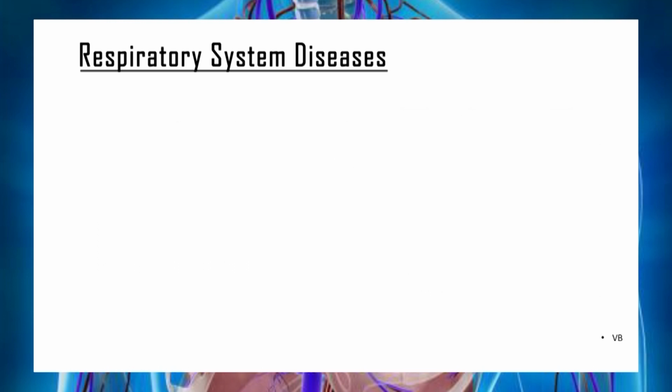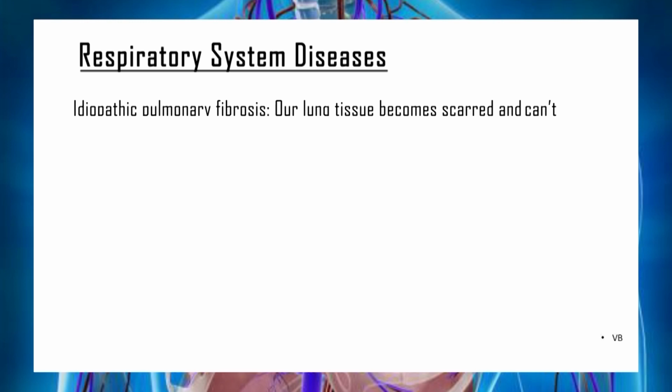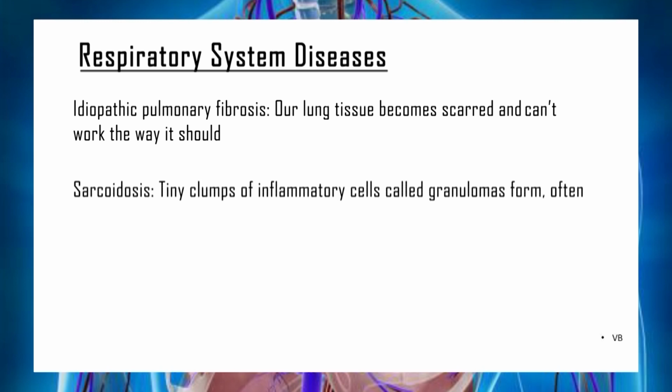Idiopathic pulmonary fibrosis: in this, our lung tissue becomes scarred and can't work the way it should. Sarcoidosis: tiny clumps of inflammatory cells called granulomas form, often in our lungs and lymph nodes.